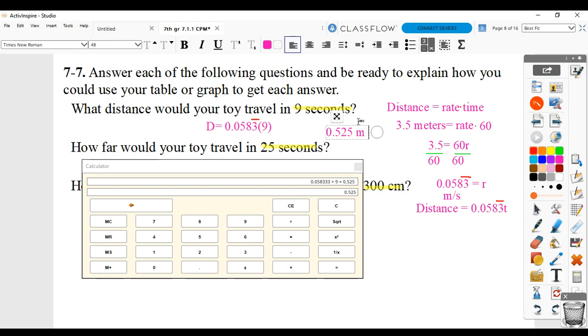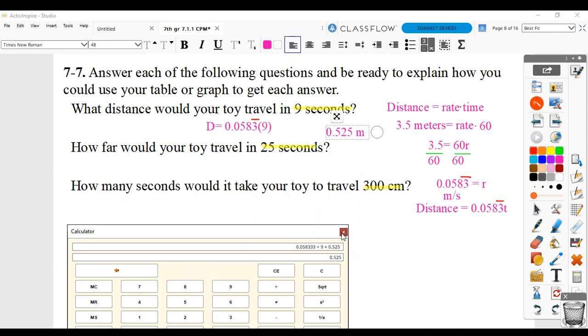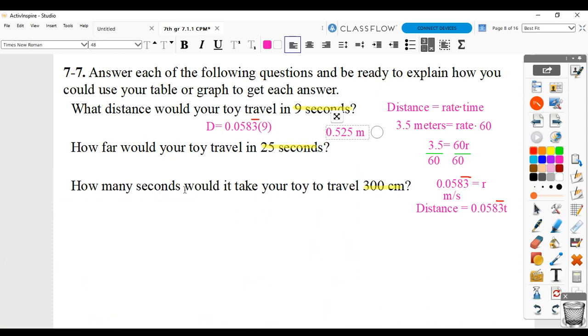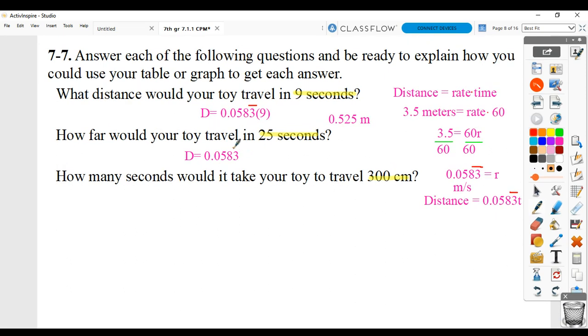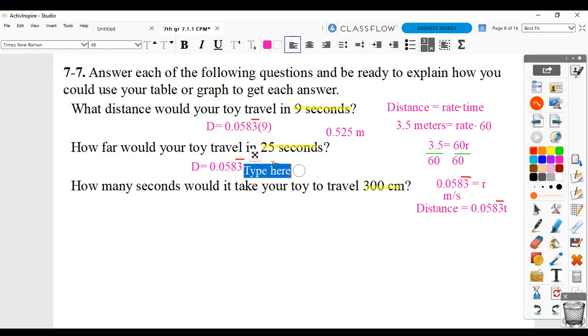in 9 seconds. Okay. Then for 25 seconds, again, I'm going to write down the equation, distance equals rate times time, using the rate that we found. And this time I'm going to replace time with 25, because that's how many seconds we were told to use.